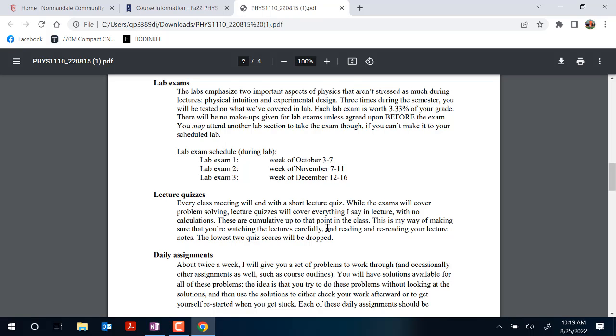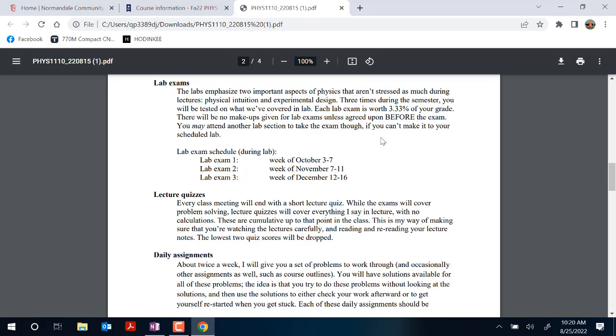They're cumulative, so as you're getting ready for those, you need to go back and remind yourself of the lab. Like in that lab exam 3 in December, it'll have questions on it related to lab 1, lab 2, so you just need to keep going back and refreshing your memory.